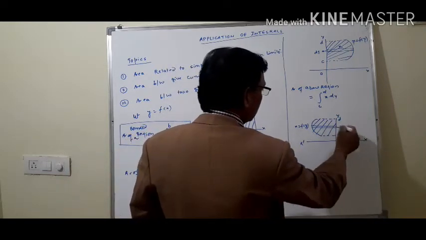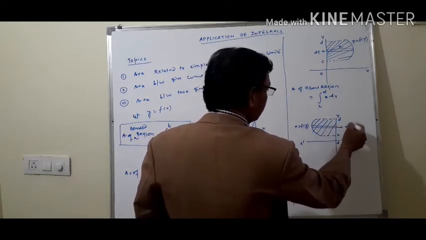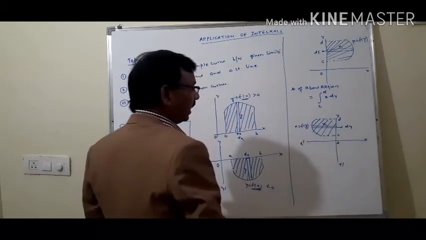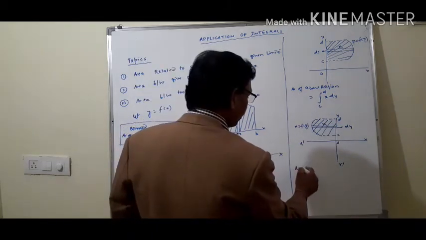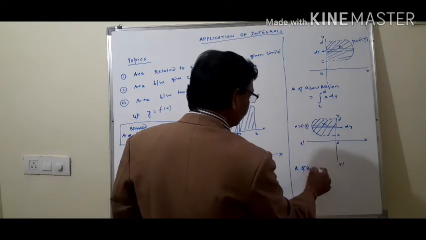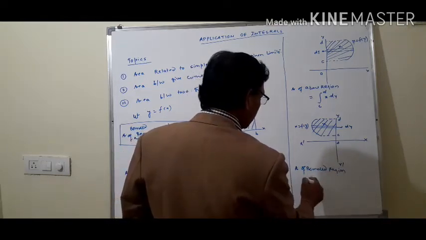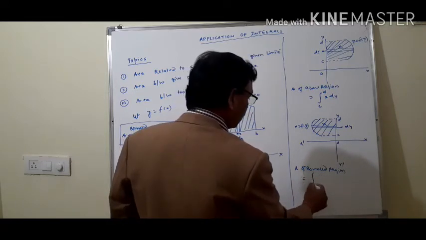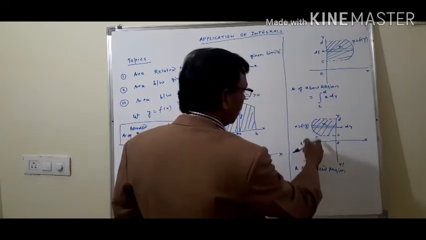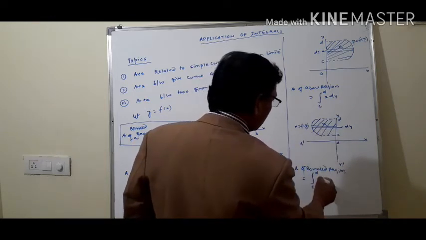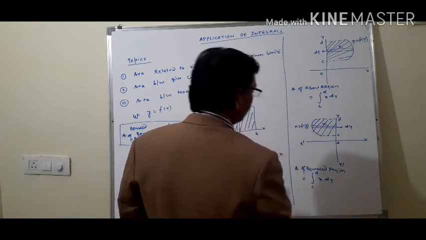Consider the width of this small strip is dy, which is very small, and the length of the small strip is x. So the area of the bounded region will be equal to the integration from C to D of x into dy.